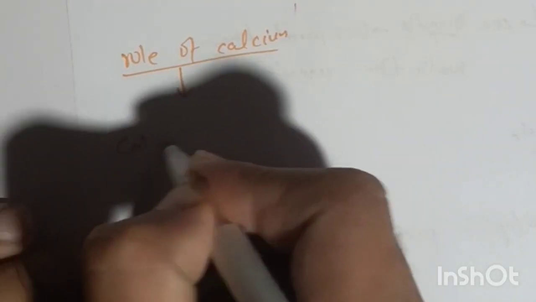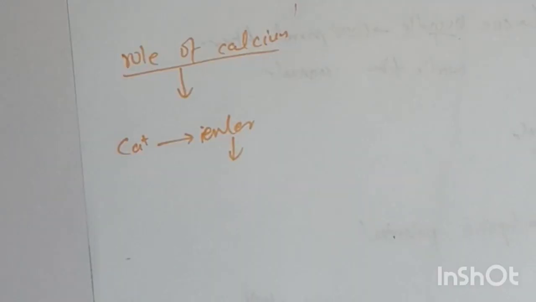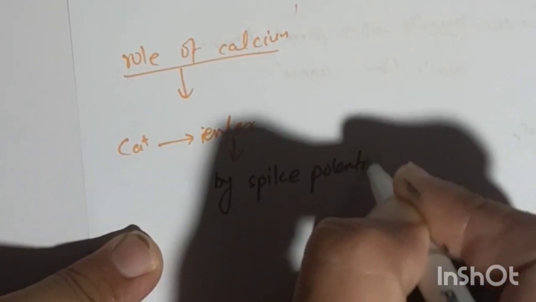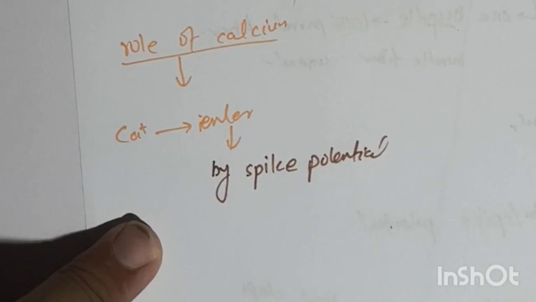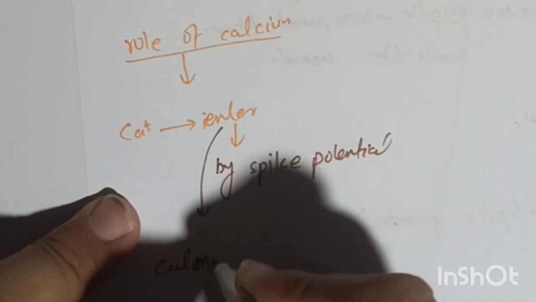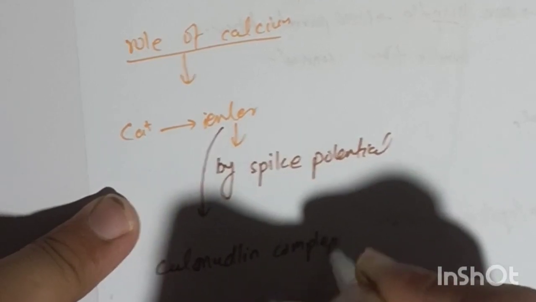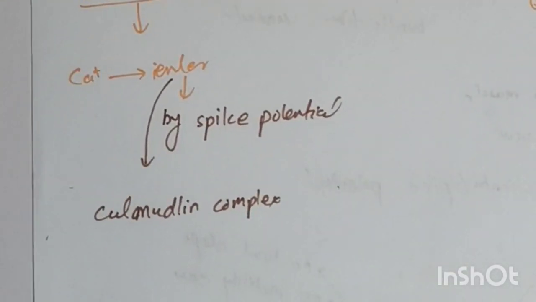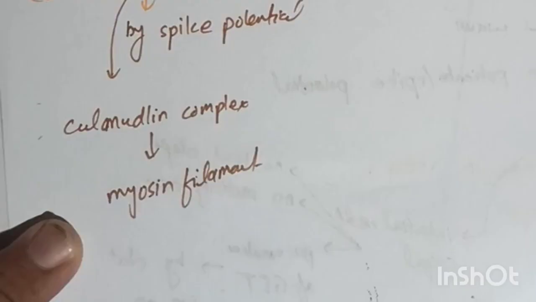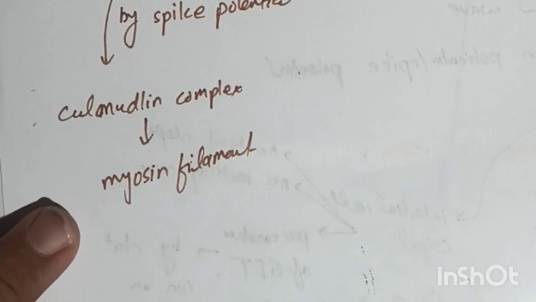Another thing is the role of calcium. What is the role of calcium? When calcium enters the cell through the spike potential, what happens? First, the calmodulin complex mechanism occurs, and with the calmodulin complex the myosin fibers are attracted toward each other.